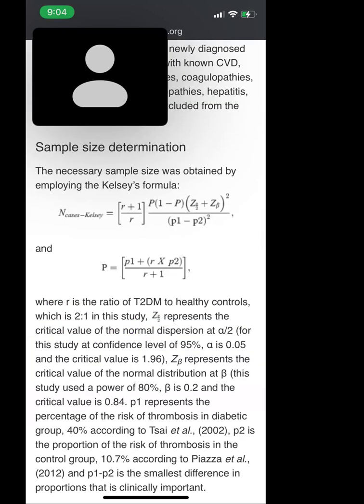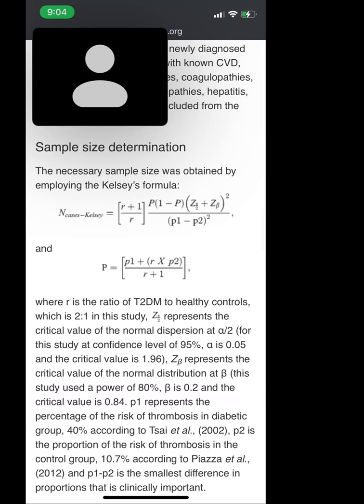This was their sample size calculation, a simplified version of what I posted earlier. The formula gives us n of cases, which is (r+1)/r multiplied by p(1-p) over the other terms, all explained here, where r is the ratio of type 2 diabetes to healthy controls, which is 2:1.